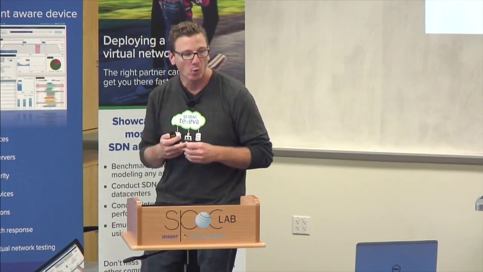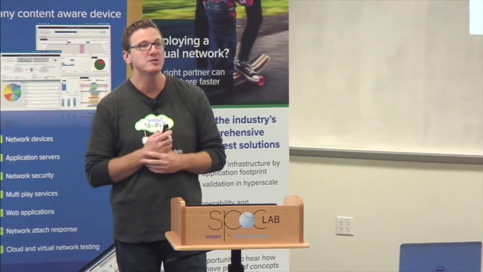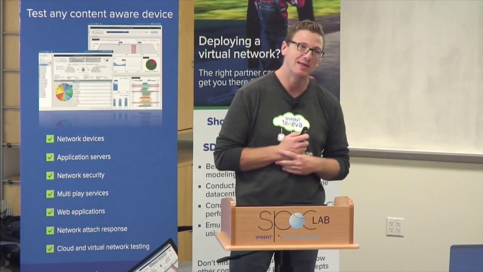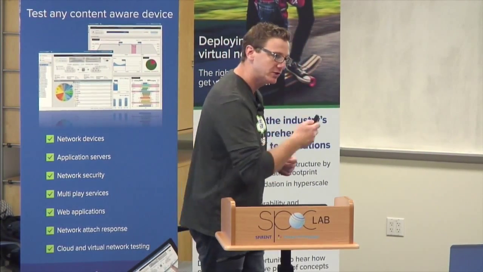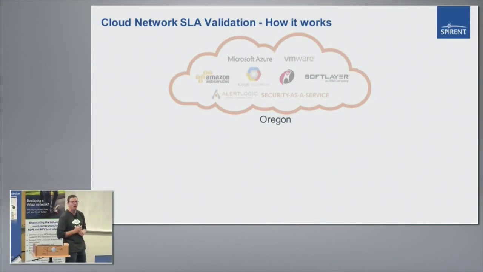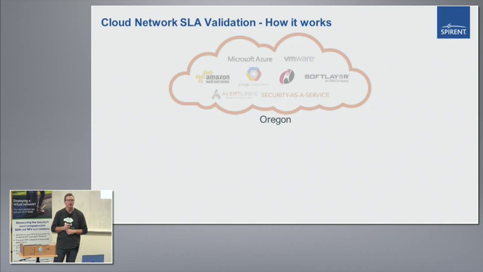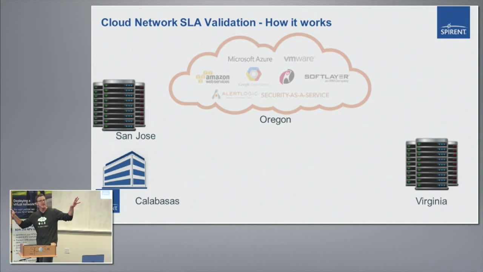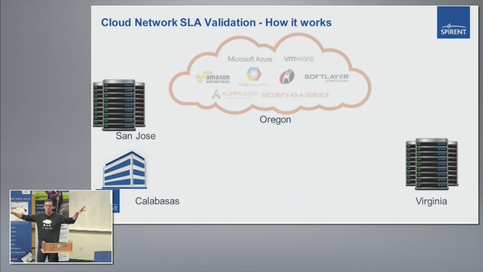But the use case I was telling Keith about: we did this for a service provider that wanted to see a demo, and what we did was we took one of the cloud instances up there, one of the ones running in Oregon. We have 2 co-located data centers we partner with, one in San Jose, one in Virginia.